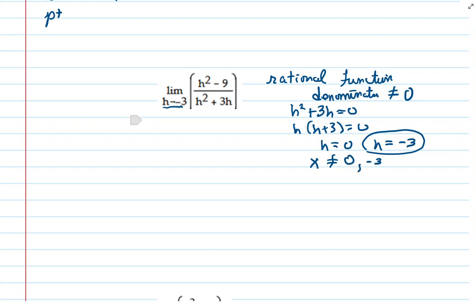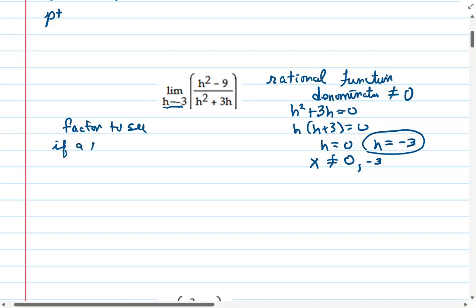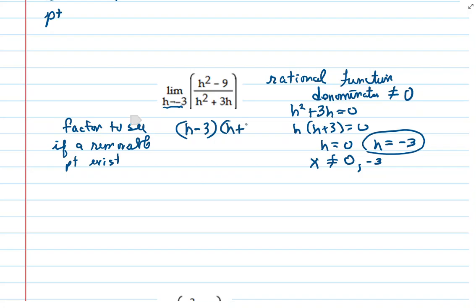Therefore, we have to manipulate this to see where it's going. So what we do is factor to see if a removable point exists. So I'm going to have on my numerator h minus 3, h plus 3 over h times h plus 3.